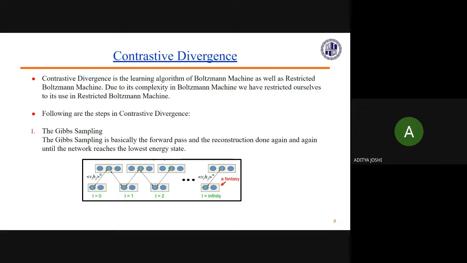This stops when that input layer that we've gotten now is the same as the previous input layer. So basically the model is just repeating itself. It's just repeating a set of hidden and input layers, and that is the stable state of the model. A stable state in terms of energy, stable state in terms of where it converges. So once we've reached the stable state, then we'll look at what happens next.